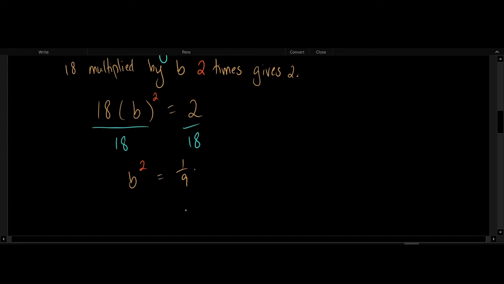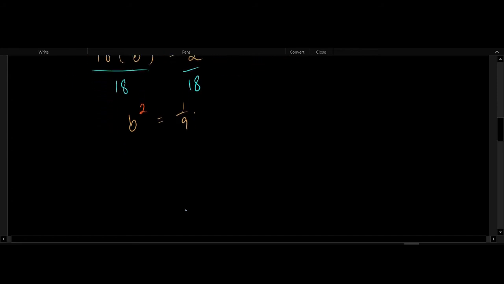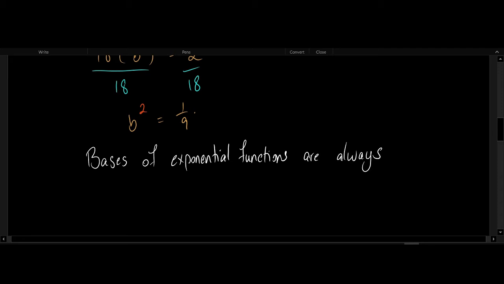Now, in yesterday's material, we got to assume that b was a positive number. And when we are doing these calculations, we get to assume the same thing. Bases of exponential functions are always assumed to be positive. Always, always. Unless you were told something really strange, if it's not otherwise said, bases are always assumed to be positive.